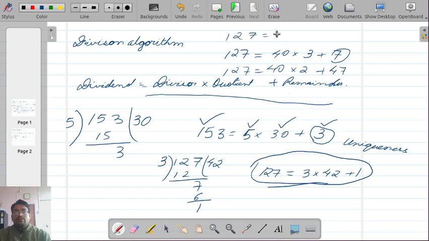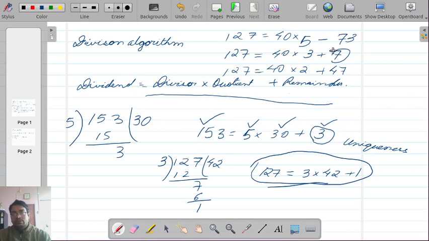You can also write it with something else, say 40 into 5, which is 200, and 200 minus something has to equal 127. 200 minus 70 is 130, so minus 73.